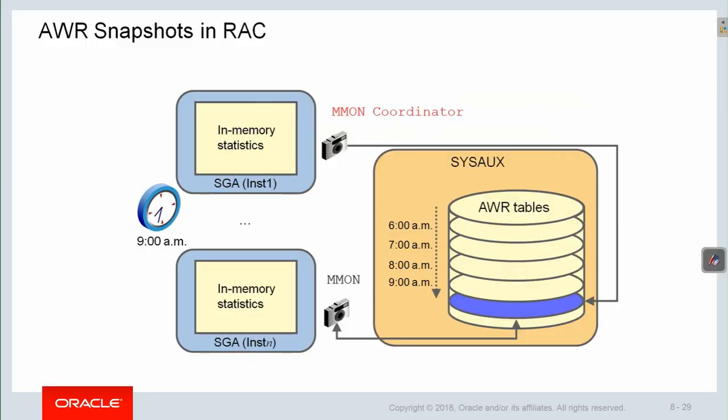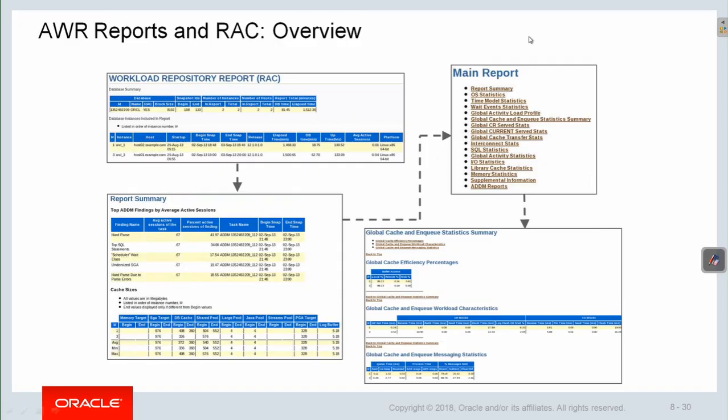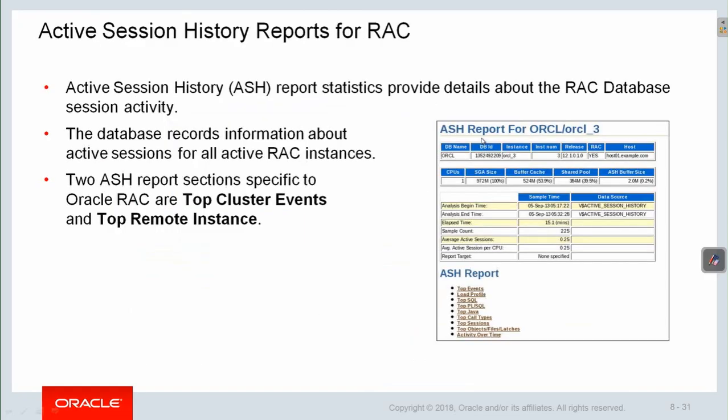And also you can run AWR report to understand each instance activity, or you can also use the same report to understand cluster level activities. So in the main report page, you will see many statistics that are directly related to the global level activity statistics.